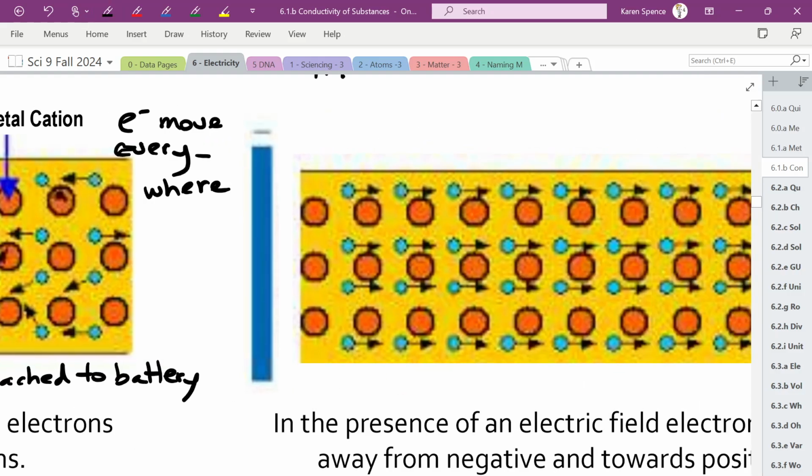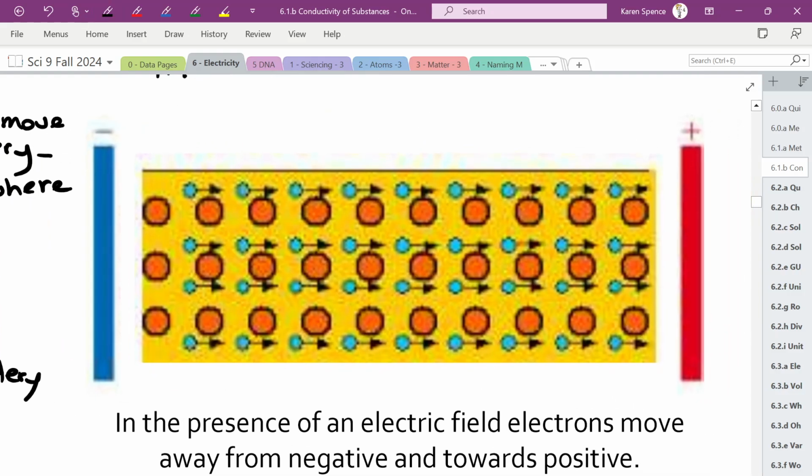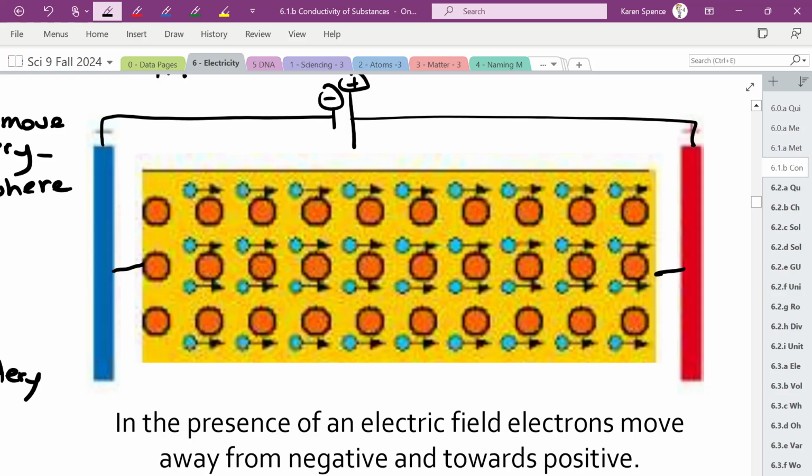But what if we attached a battery? This is going to be our negative, this is going to be our positive. All of a sudden, the electrons say, over here, I see negatives.